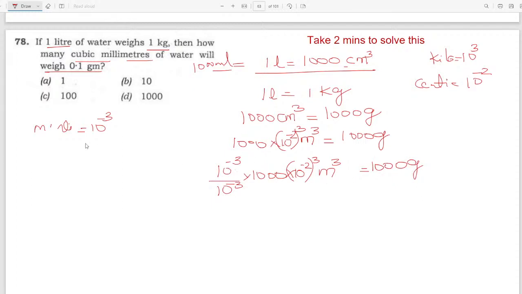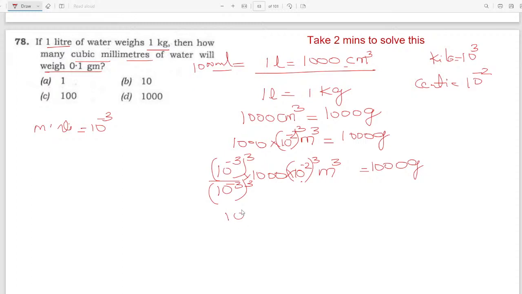Now, since milli is 10 raised to minus 3, and this is to the power of cube, I'll keep one 10 raised to minus 3 with this here, and bring the rest outside.